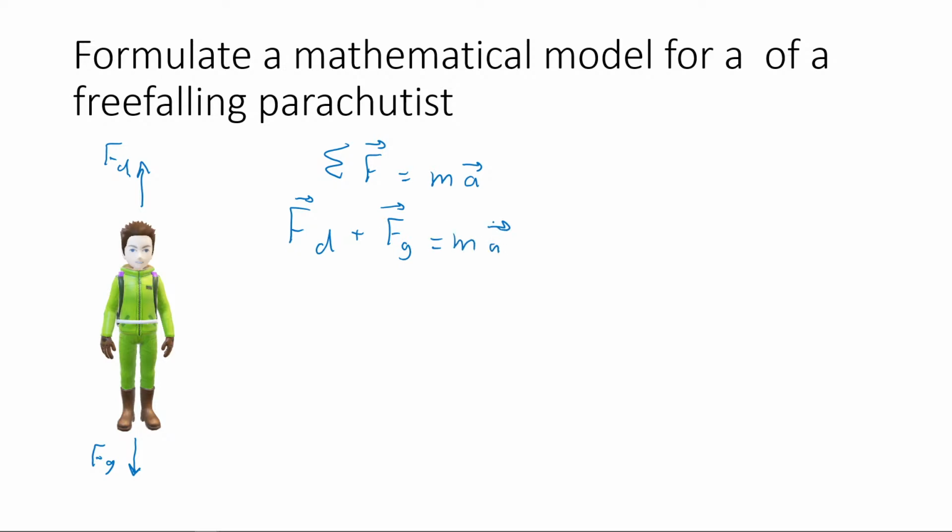So I have actually started to develop my mathematical model. I know the gravitational force, that is easy, because that's mg, mass times gravity. I know acceleration, that would be dv over dt, the change in velocity with respect to time. How about the drag force?